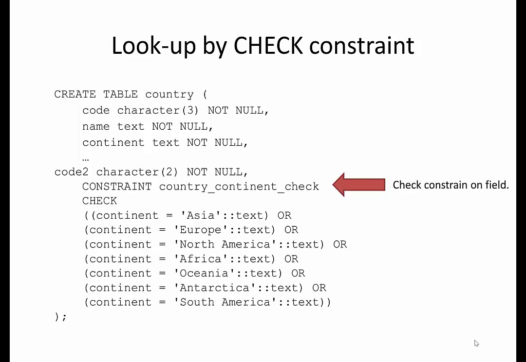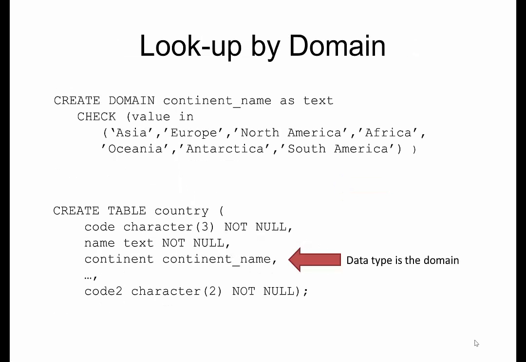And as you can see, we've got a list. Continent equals Asia, continent equals Europe. We're having to remember to cast that to a text for whatever reason, or Europe, or North America, or Africa, or Oceania, or Antarctica, or South America. So in our table definition, we've defined a check constraint that checks that it's a valid continent. We've seen that before, nothing new there.